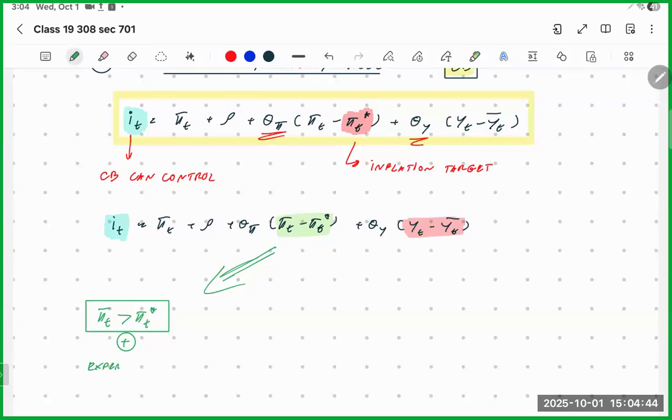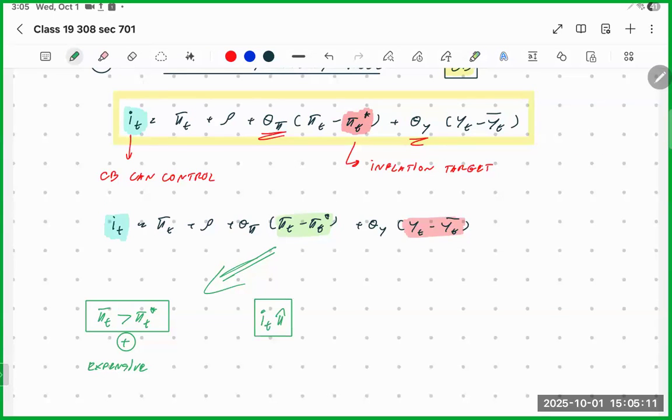Everything in the economy is expensive, right? Pi t greater than pi t star. This bracket becomes positive. The right hand side of the equation increases. Then the left hand side is going to increase too, right? So if we have an inflation problem, the central bank is going to increase the interest rate. You see? This is how the central bank is going to respond.